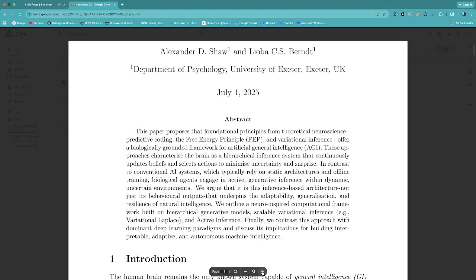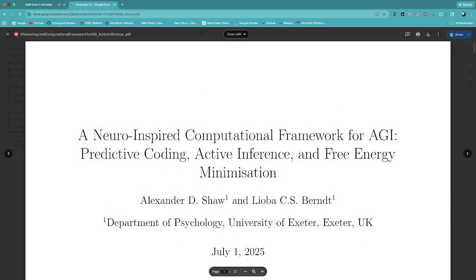So this is the first thing I want to talk about. So this is active inference related. This is Alexander Shaw, who I don't think was at the symposium, but does a lot of stuff that we've talked about with active inference and sort of this computational psychiatry approach.